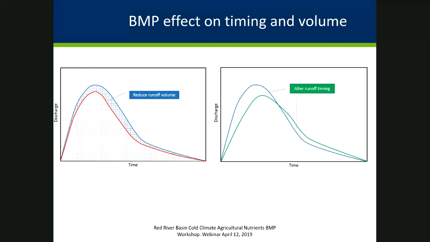Another way to picture these is we can do practices on the landscape that reduce runoff volume, basically by increasing ET, or we can do things that store water, detain water temporarily, say here on the early part of a hydrograph, and move the water later on into the hydrograph. So there's two sort of combination effects, timing and volume, that best management practices can have in hydrology.